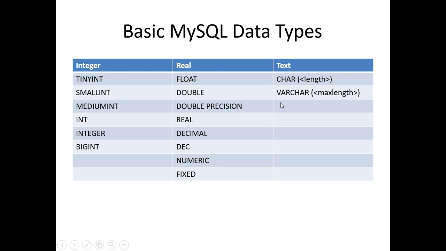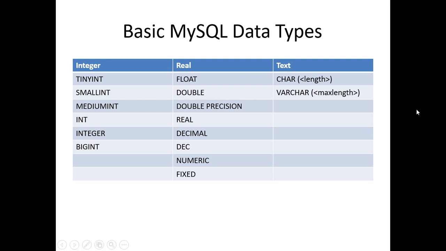For text, we have char, followed by the length, and varchar, followed by the length also. So we can say char(2), meaning it only accepts two characters. If varchar and then 20, it is only accepting 20 characters when you save information.